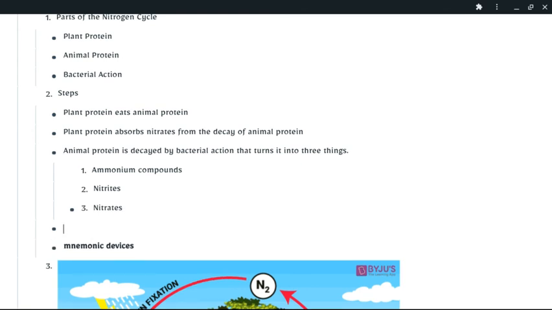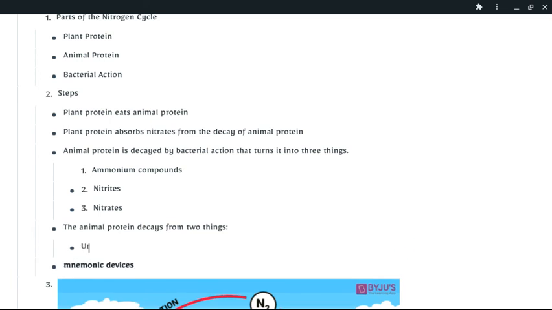Okay, then let's continue. So now, the second step is that the animal protein decays from two things. It's urea, and it's death.